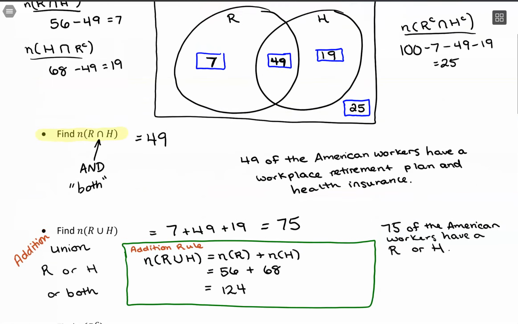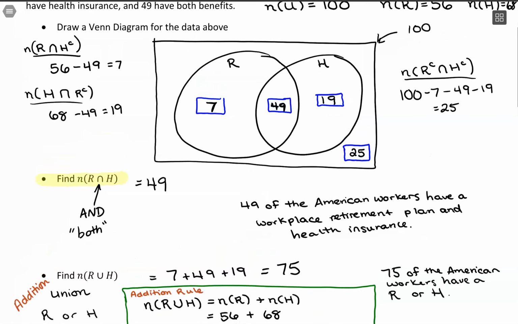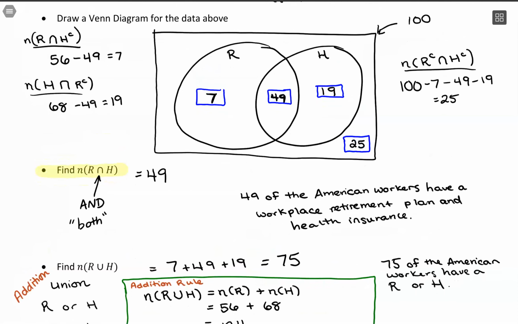What essentially happened is by adding those two groups together, I took everyone that has a retirement plan, so I took all 56 people in this group here, and then I added that together with everyone that has health insurance, so I took all 68 people in this group.